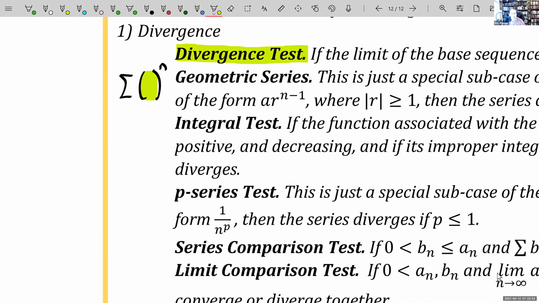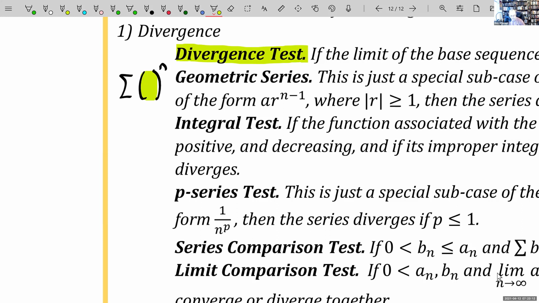We have recently been introduced to two comparison tests, the series and limit comparison tests. Of those two, they both are very useful. At times, the limit comparison test cannot be used, and therefore you have to switch over to the series comparison test.